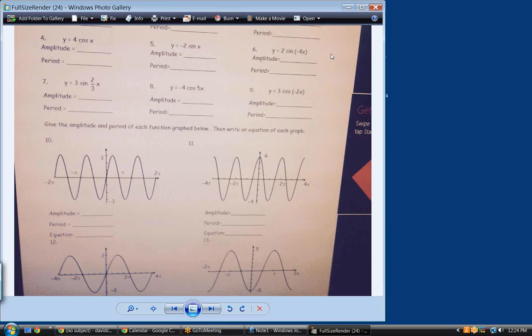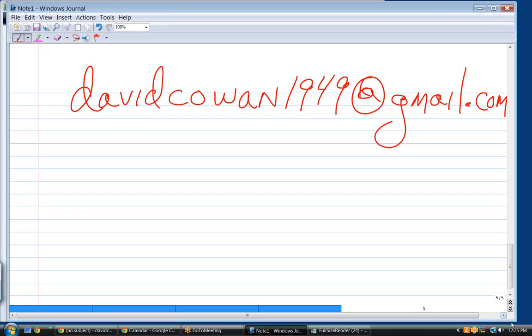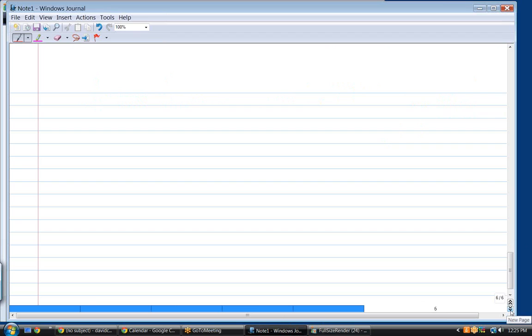Would it be -4? Yeah, but there's something about trig. In other words, here we have the negative sign inside the parentheses. What that typically means for a function is that it's going to be reflected about the y-axis. But more importantly, let's talk about these properties.